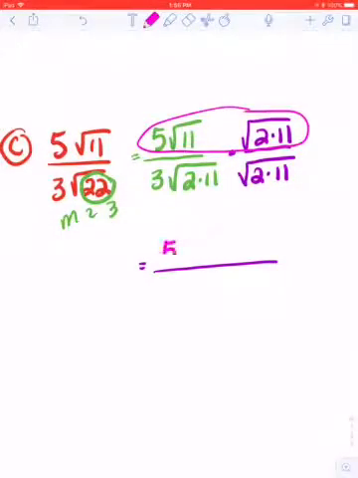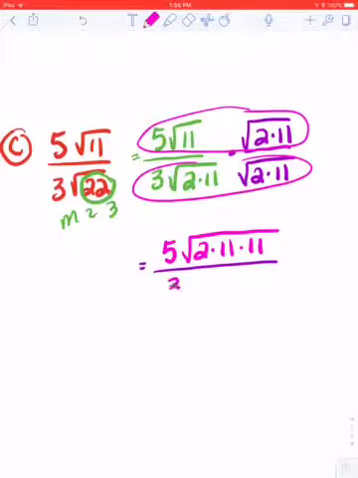So 5's the only number in front. Underneath, I have a 2 and 2 11s. Notice I put them in order from smallest to biggest. Keep that in mind. On the bottom, I'm going to do the same thing. 3 out in front, and then 2 2s and 2 11s.